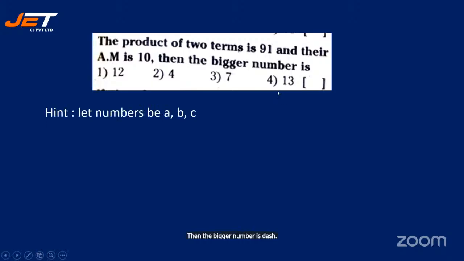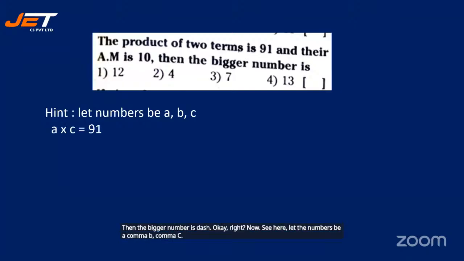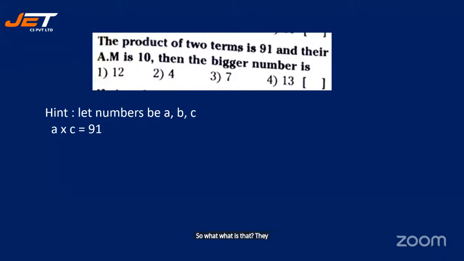Now see here, let the numbers be A, B, C. The product of two terms. Since they say it is arithmetic mean, we have to take the first and the last, that is the first and the third number.